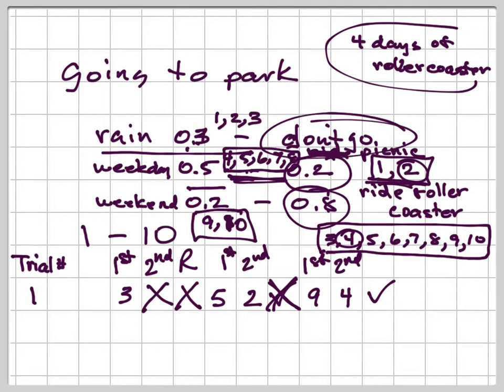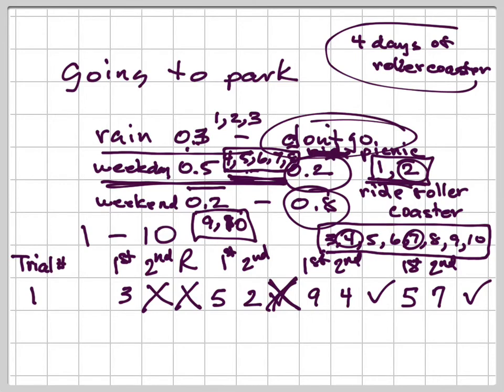Then you have a first number and a second number. It's harder because I'm pulling random numbers out of my head. So let's say your first number is a 5, which means we are going to the park. We just need to decide if we're going to ride the roller coaster or go on a picnic. So you have a 7. 7 is roller coaster, so that means a success.